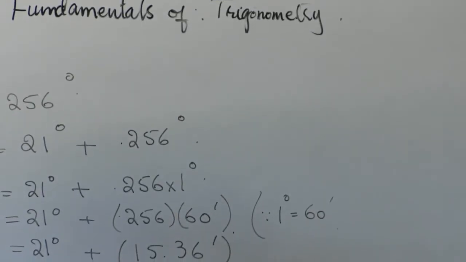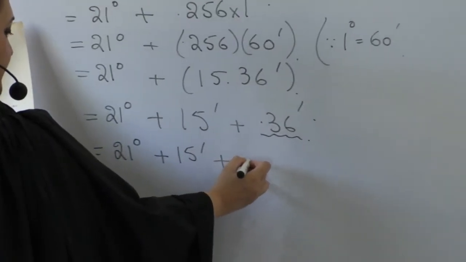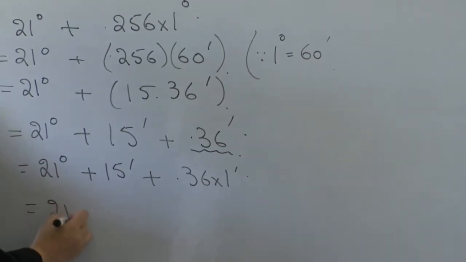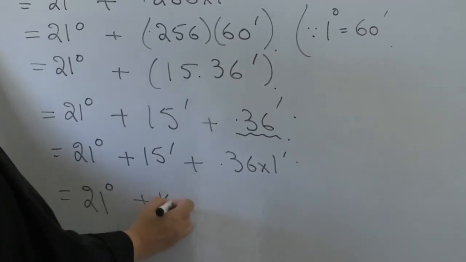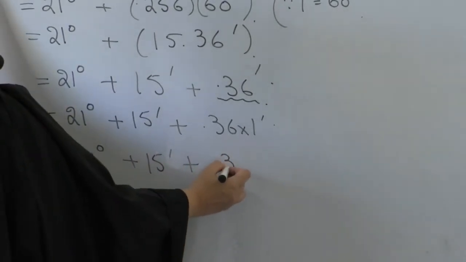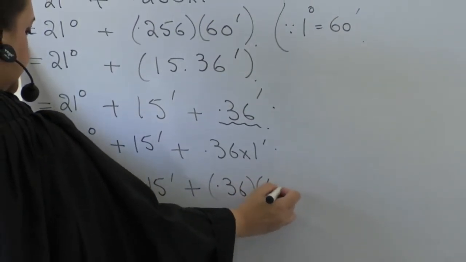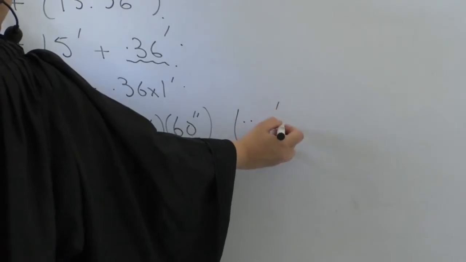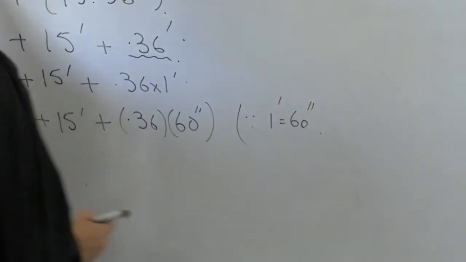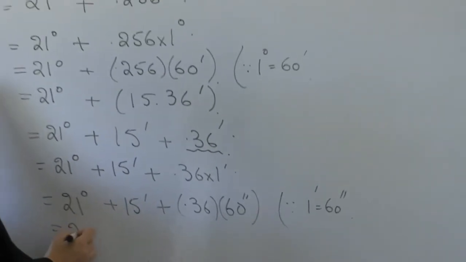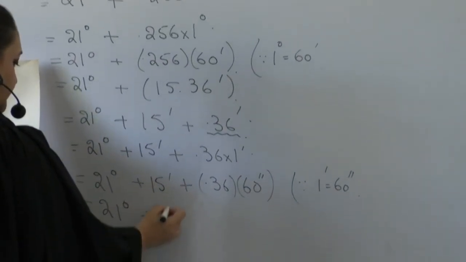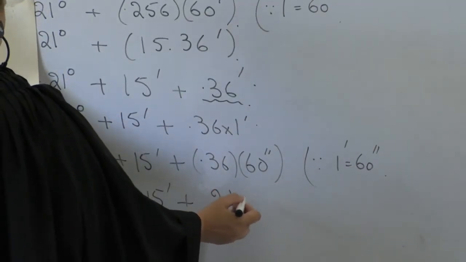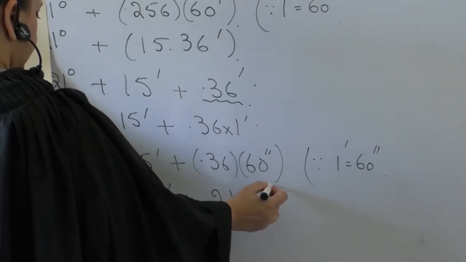21 degree plus 15 minutes plus 0.36 into 1 minute. And we know that there are 60 seconds in 1 minute, because 1 minute is equal to 60 seconds. Now again multiply: 21 degree plus 15 minutes plus 21.6 seconds.